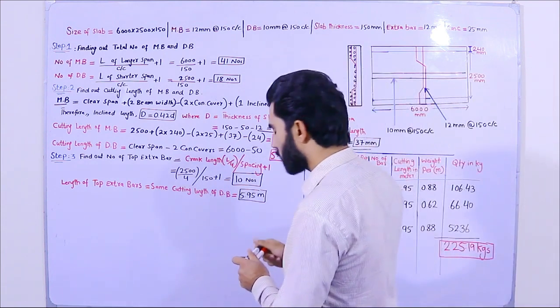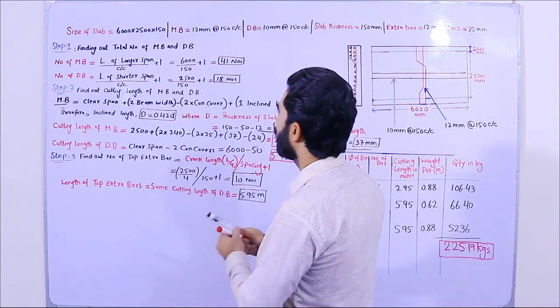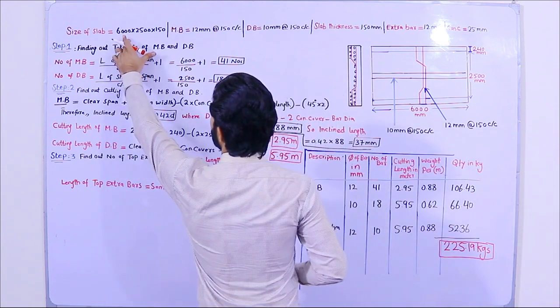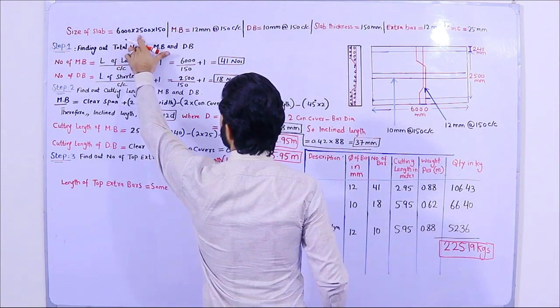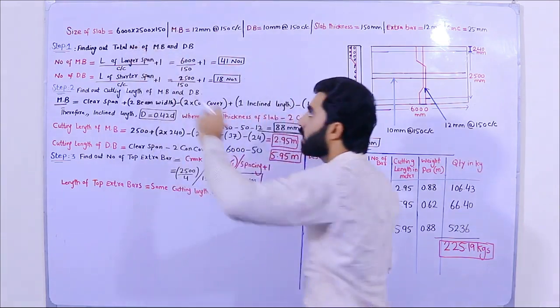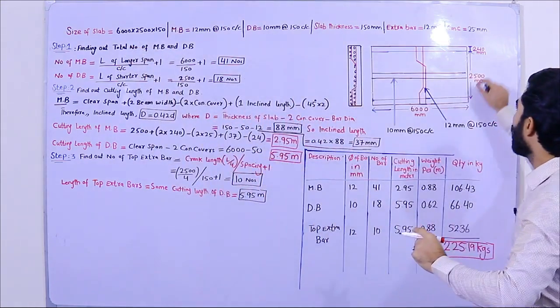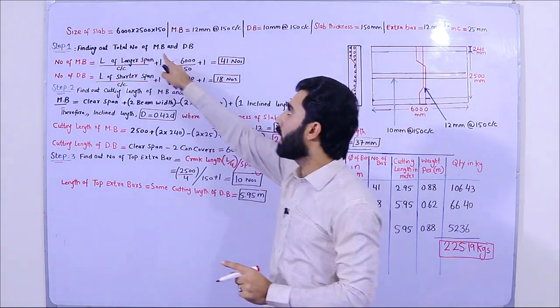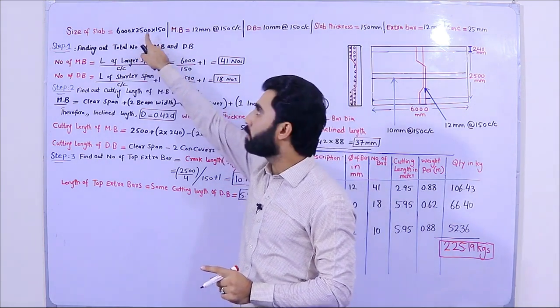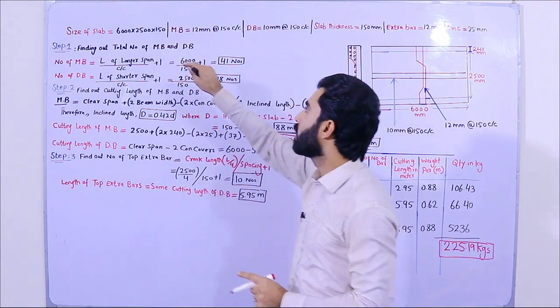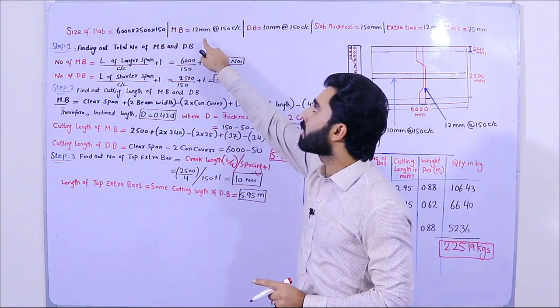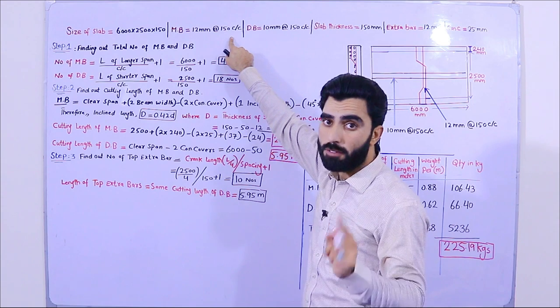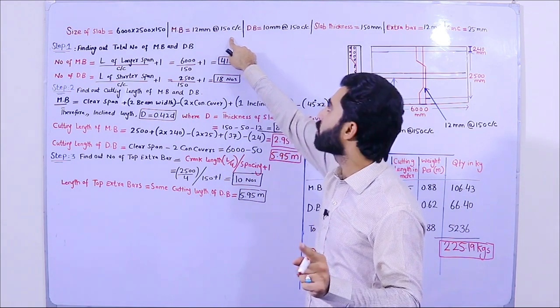So let's discuss its given data. First of all, guys, the size of the slab is 6000 millimeter by 2500 millimeter and the thickness of the slab is 150 millimeter. So 6000 millimeter by 2500 millimeter by 150 millimeter. Main bar dia is 12 millimeter with the spacing of 150 millimeter.